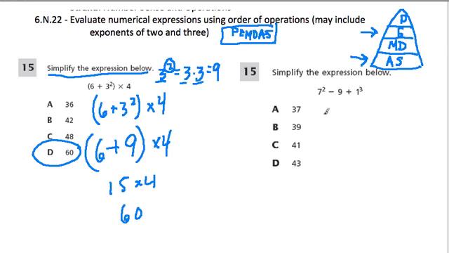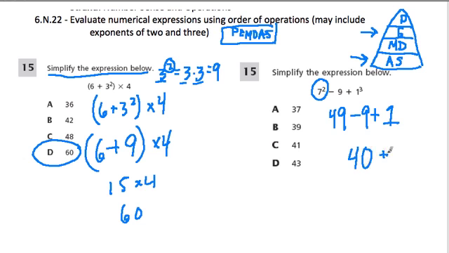So 7 squared means 7 times 7, which is 49, minus 9 plus 1 to the third power, which means 1 times 1 times 1, which is this 1, right? 1 to the third power, just a bunch of 1s multiplied by each other. And now we take 49 minus 9 first and get 40.